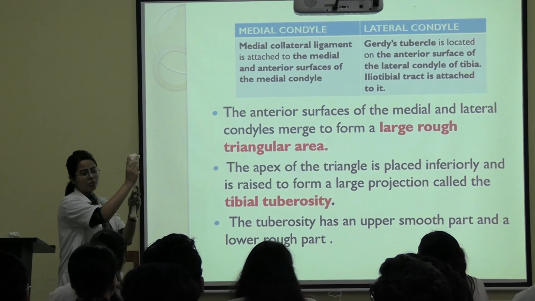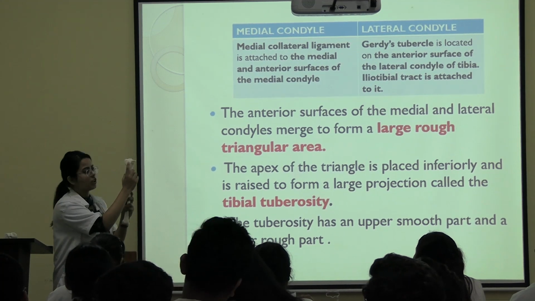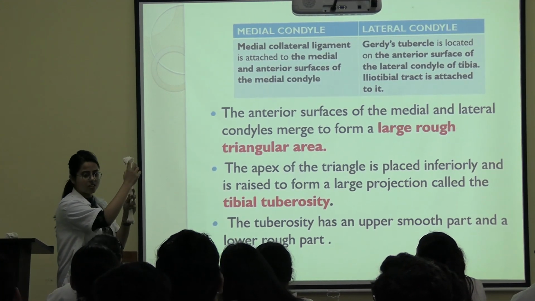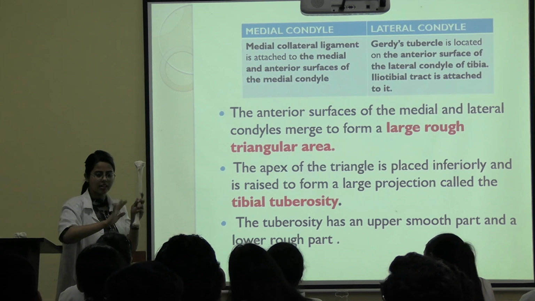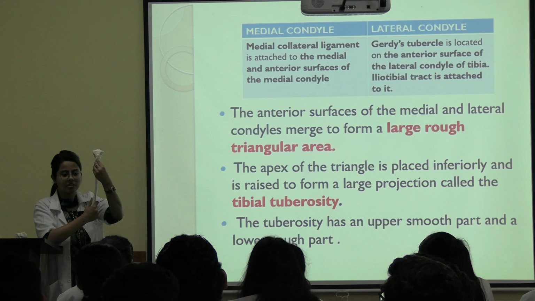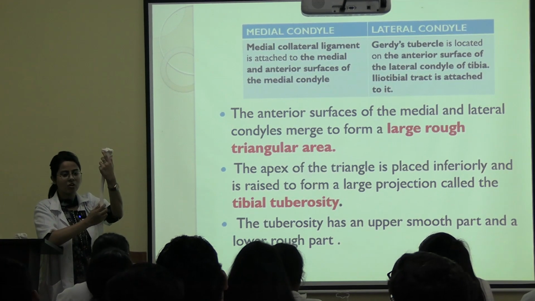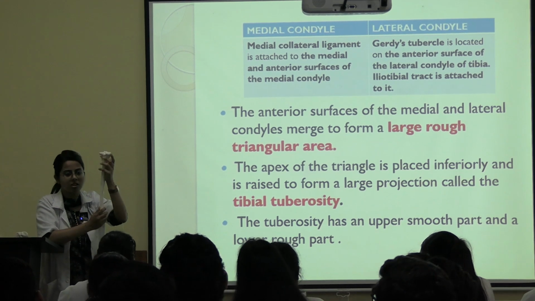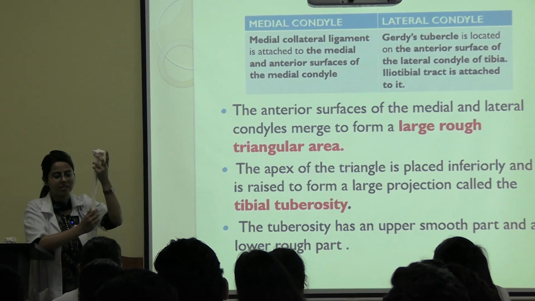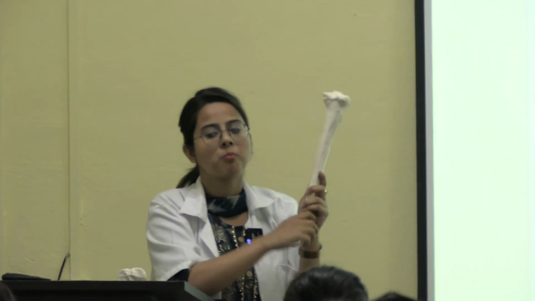So this tibial tuberosity, you can see that the upper part is smooth, and the lower part is rough and elevated and is known as tibial tuberosity. Clear? So I explained the anterior surface, that they are combining together and forming this triangular area. Posterior surface I explained, in case of medial condyle I said semimembranosus, and in lateral I said fibular facet, and above it, groove for which tendon? Popliteus.